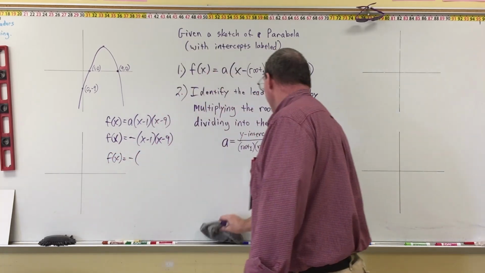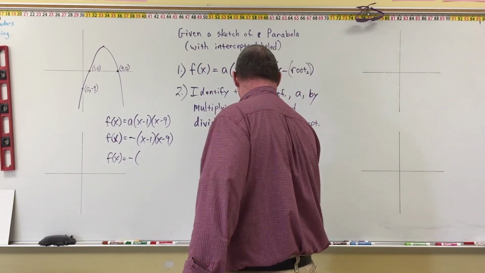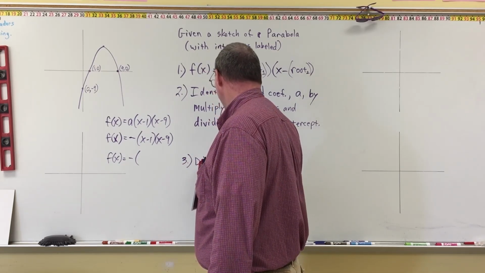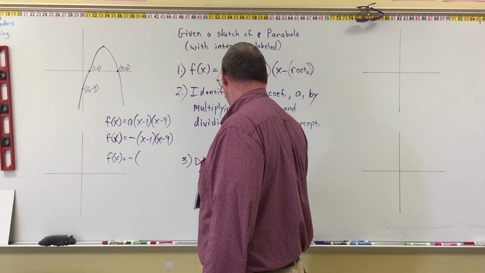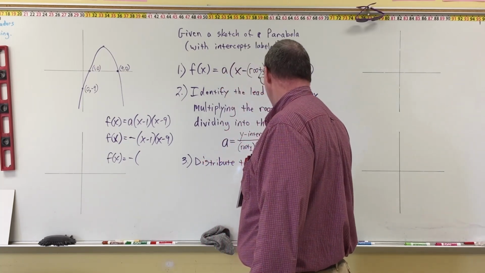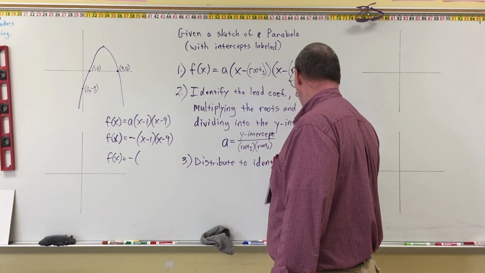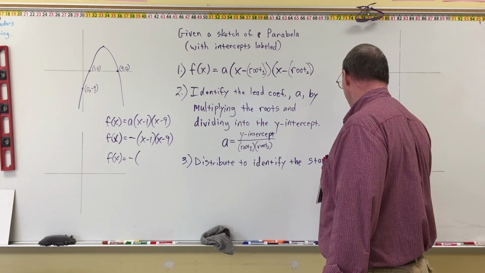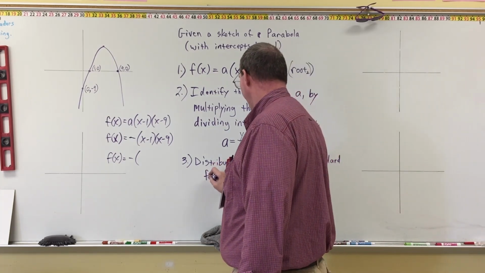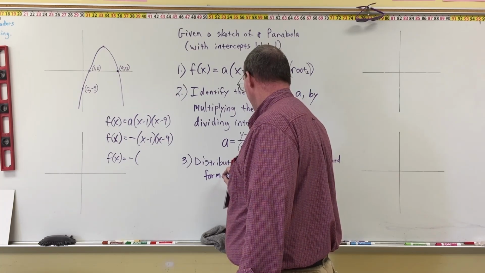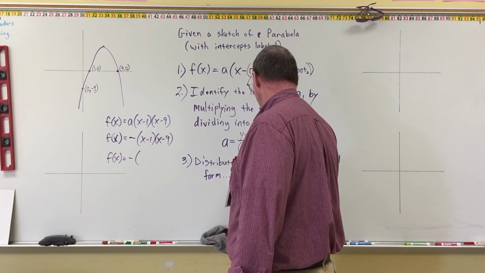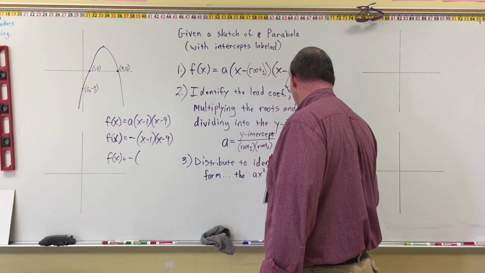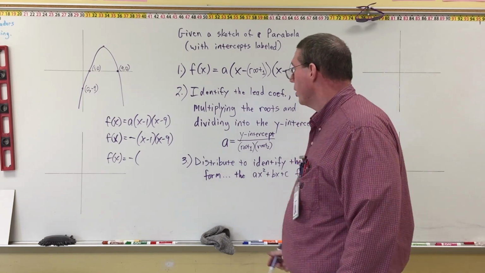And now for the next step, step 3, distribute to identify the standard form, meaning the ABC form, the ax squared plus bx plus c form. So we're going to go ahead and distribute here.